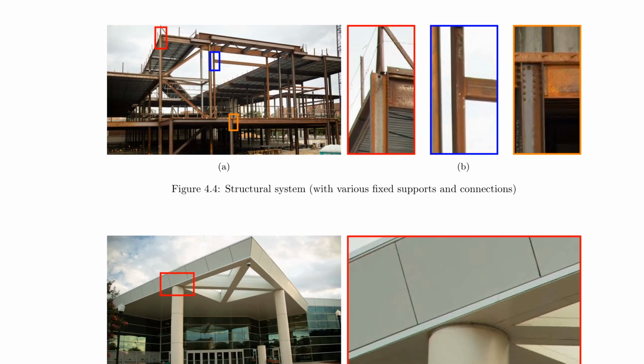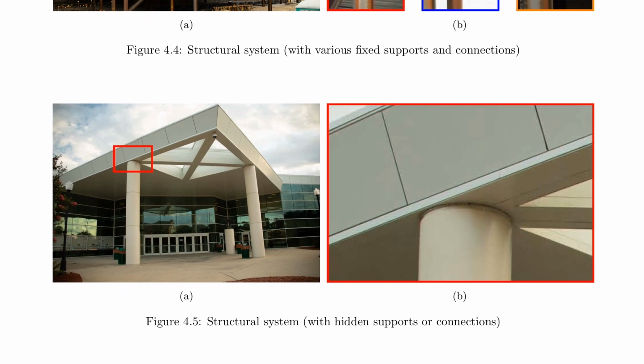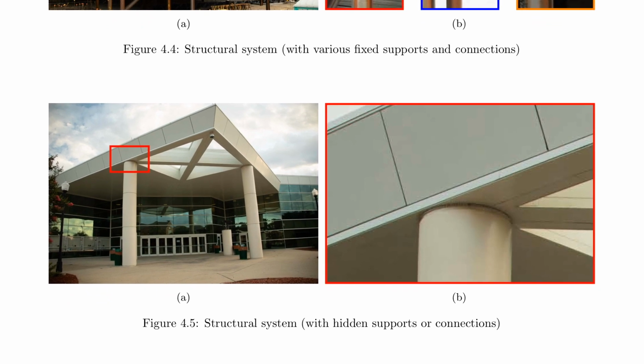Let's take a look at one other famous structure here on campus. And this one here actually also has a connection up here, but in this case we can only guess because it's behind the building cladding. However, you can see a beam here that is supported, and you can actually see something that is supported here as well.